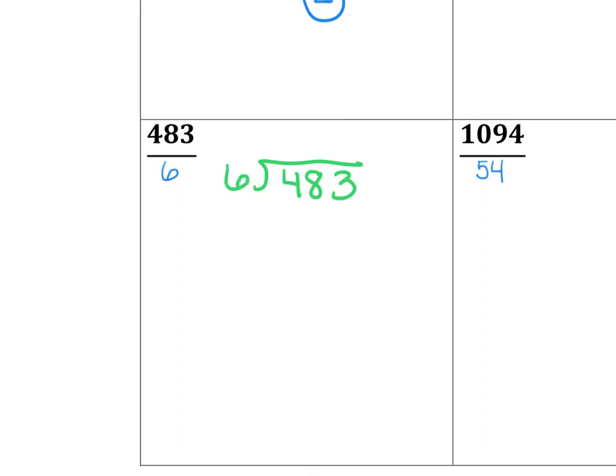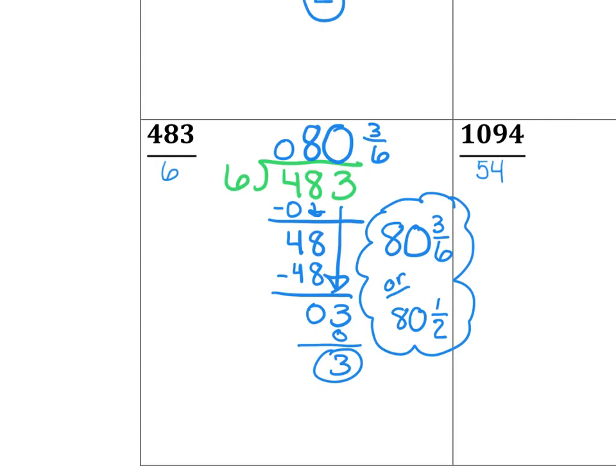So I'd like you to pause the video and try the problem and then check your work and fix up any mistakes before you go on to the next one. All right, so hopefully you got 80 and 3/6 or 80 and 1/2.